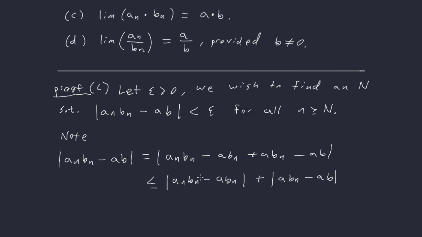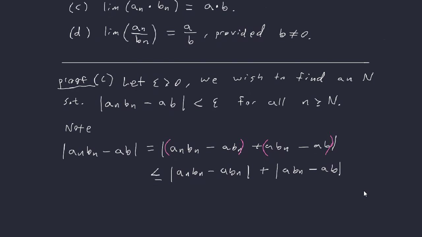Okay, so this is triangle inequality with this setup here. All right, and all we're doing is adding and subtracting this a bn.